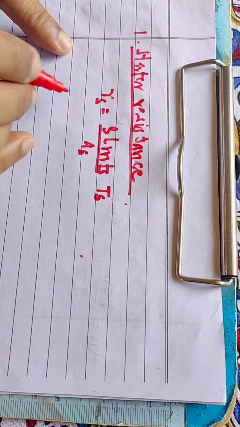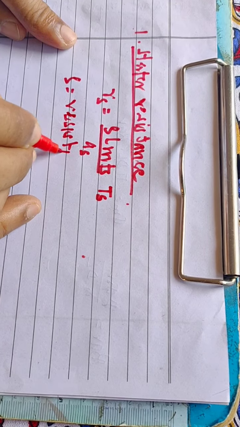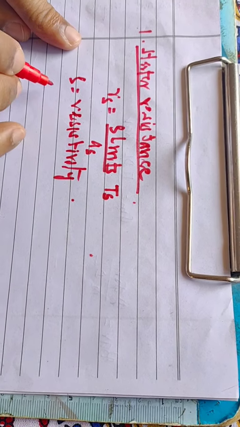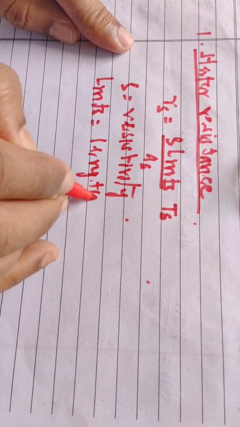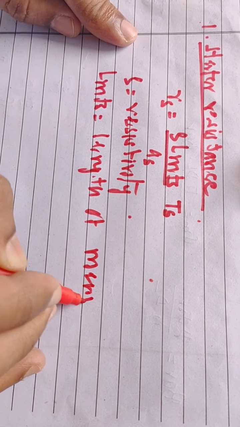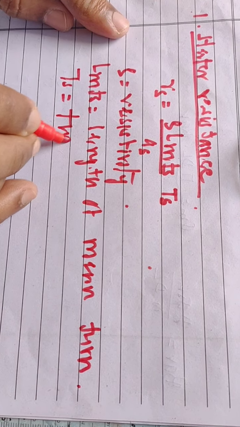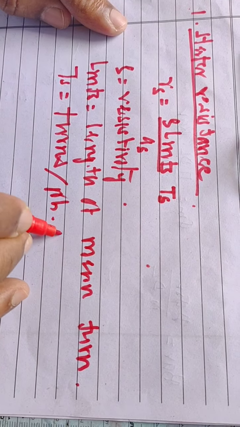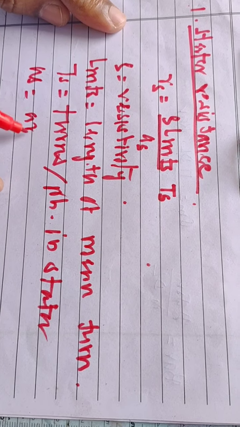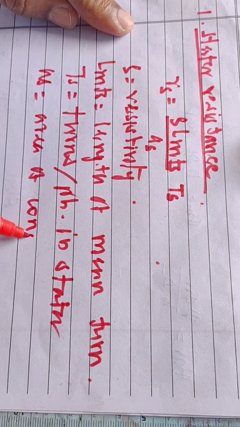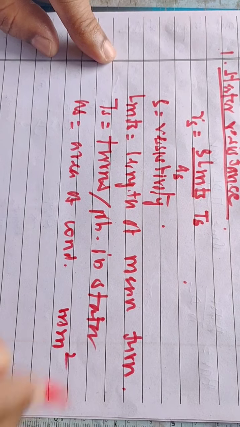So rho is the resistivity of the conductor, LMTS is the length of mean turn in stator, TS is the turns per phase in stator, and AS is the area of conductor in stator, in mm square.